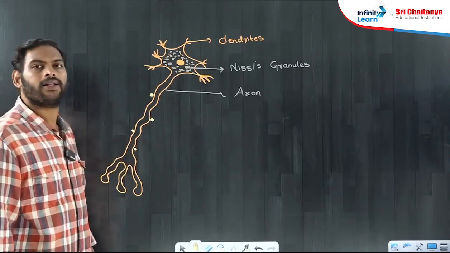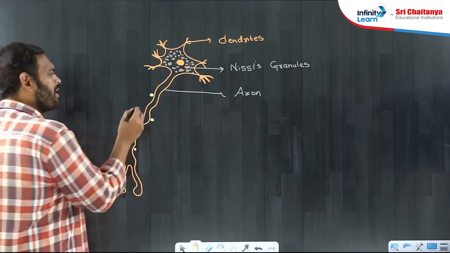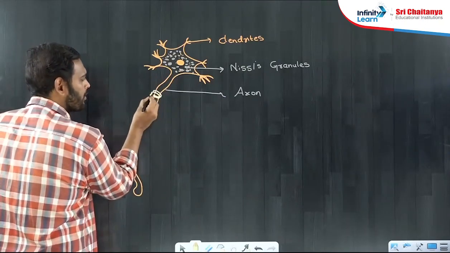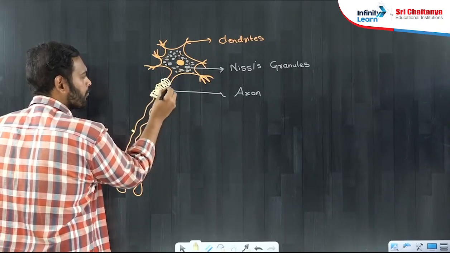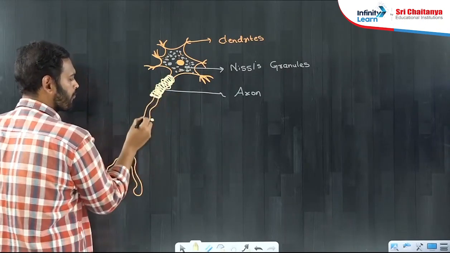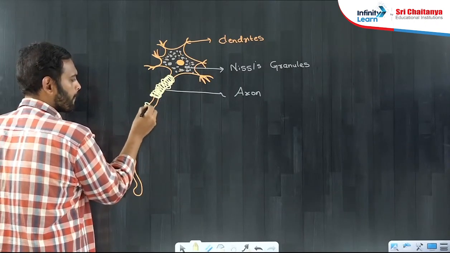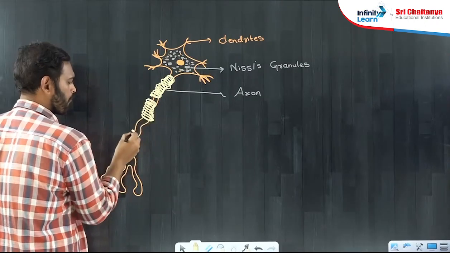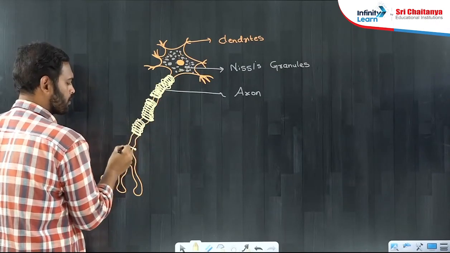Slowly, the Schwann cell will form a coating of fat substance around the axon like this.